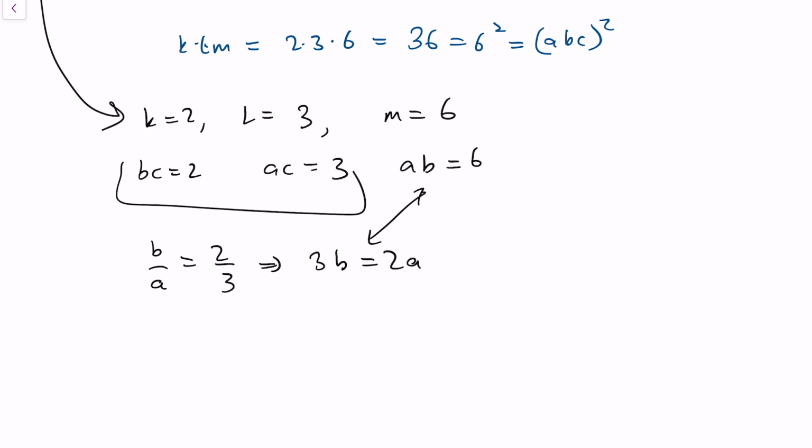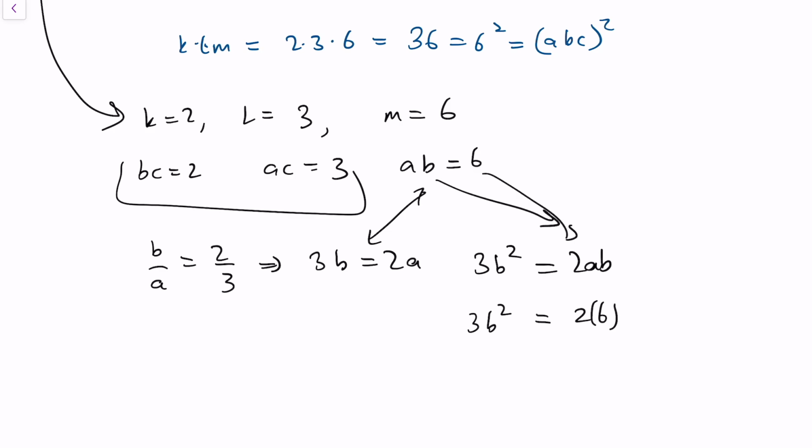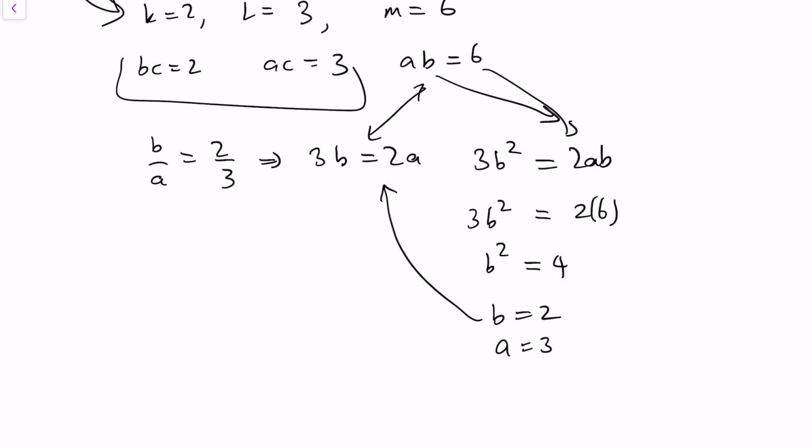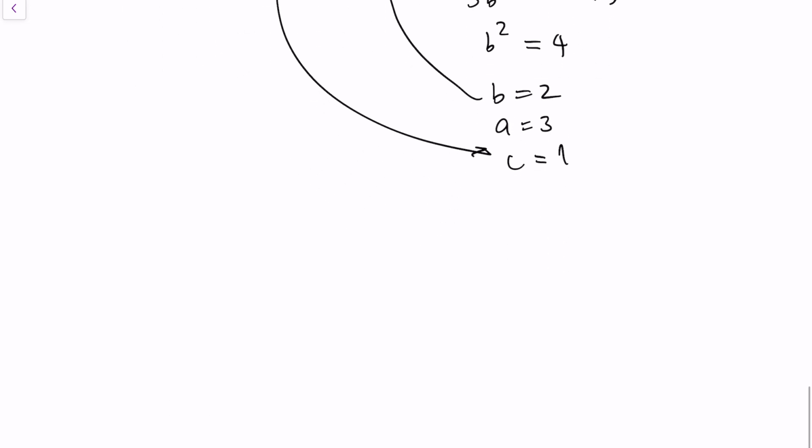Combine it with that, that means we have 3B squared is equal to 2AB, multiplying both sides by B. That means 3B squared is equal to 2 times 6, because AB here is 6. So B squared is equal to 12 over 3, which is 4, so B is equal to 2. Now, if B is equal to 2, that means A is equal to 3, and if A is equal to 3, from here we have C is equal to 1. So we found A, B, C: 3, 2, 1.